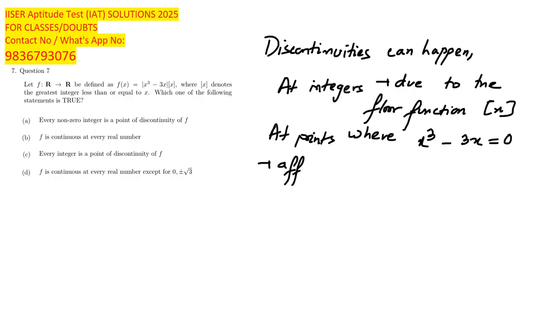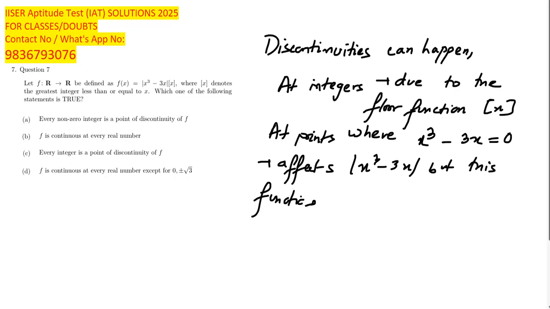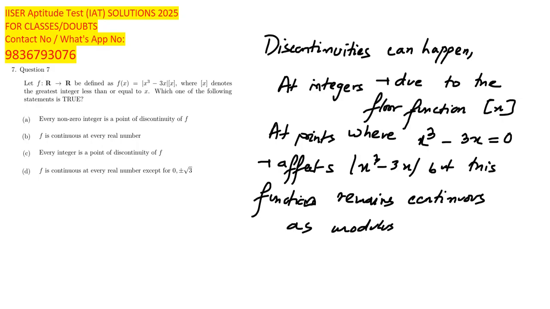The floor affects x³ − 3x, but this function remains continuous as the modulus of a polynomial.